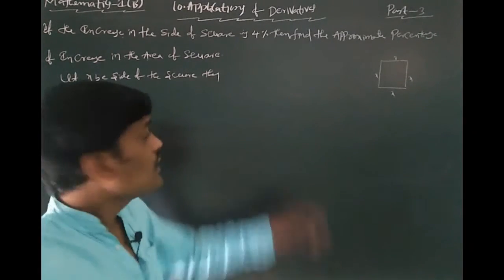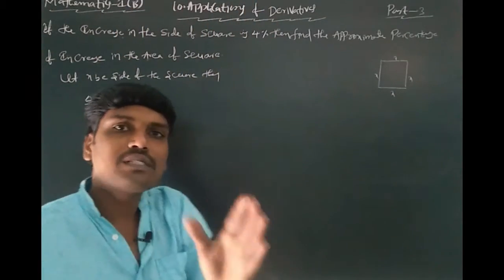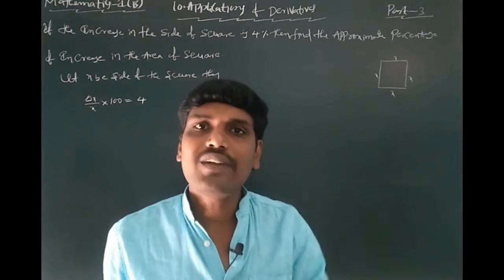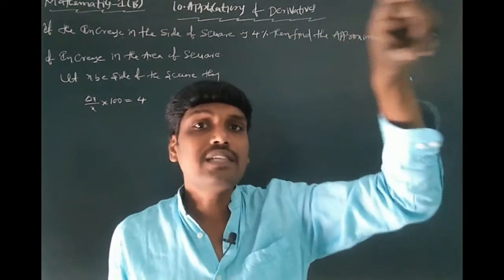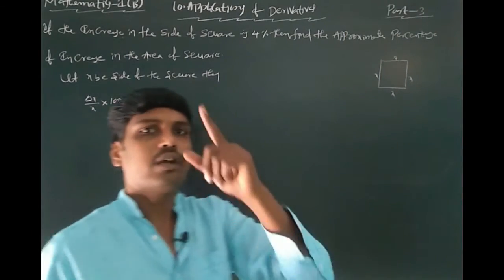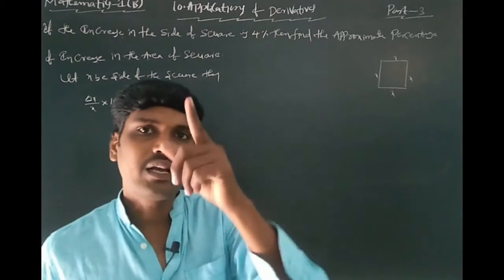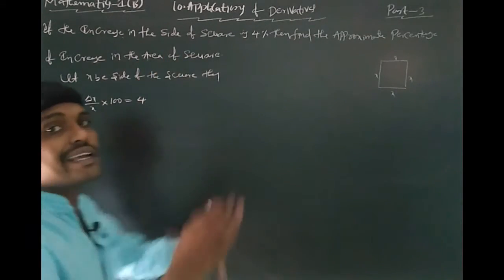Percentage error of the side is given as 4%. What is the definition of percentage error? Delta y by y into 100. Here y is any one variable. Here x is any one variable, that way you can write delta x by x into 100 equal to 4. Now, how much does the area of the square increase?